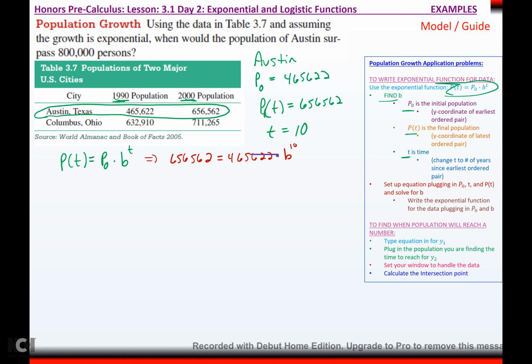So before I can take a root to kill it, I've got to isolate it. So I'm going to divide by 465,622.